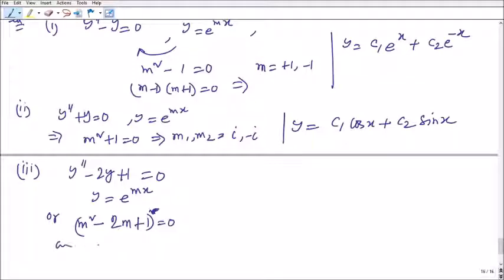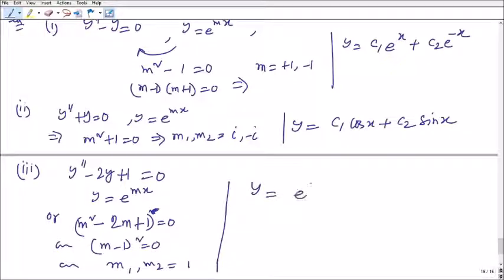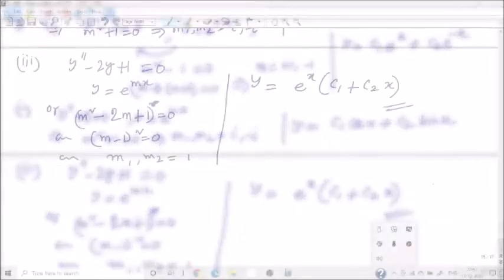So m1 and m2 are both equal to 1. So the roots are equal and real. So the general solution of this differential equation is y equal to e to the power x into (c1 plus c2 x). This is the solution.